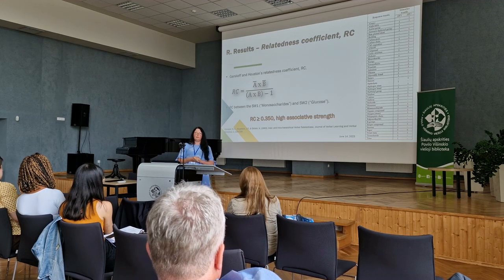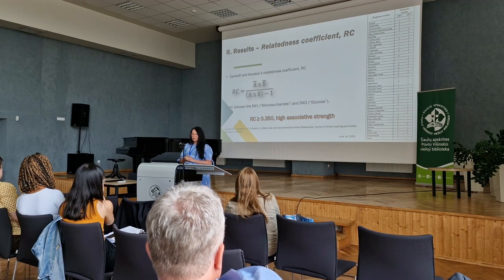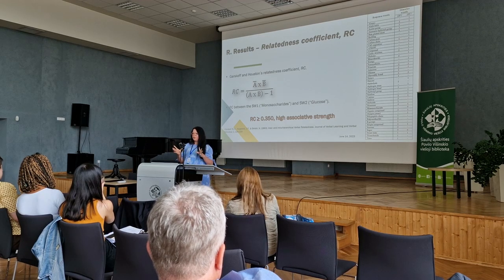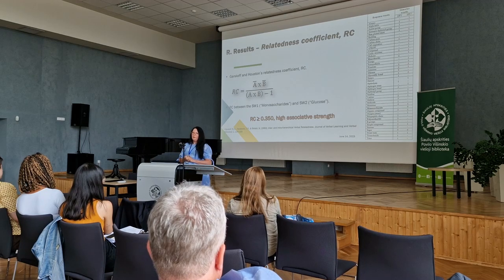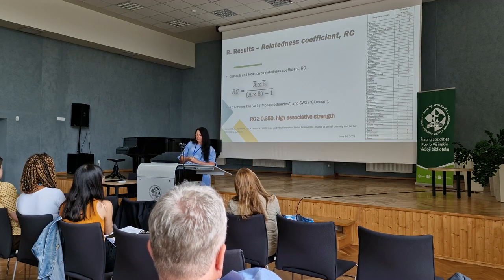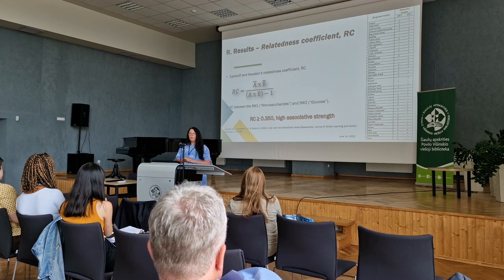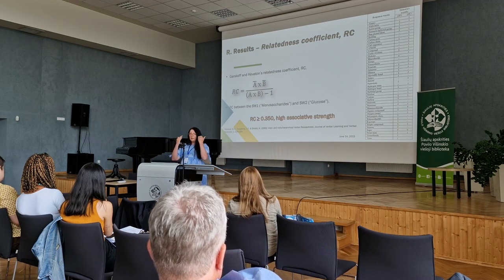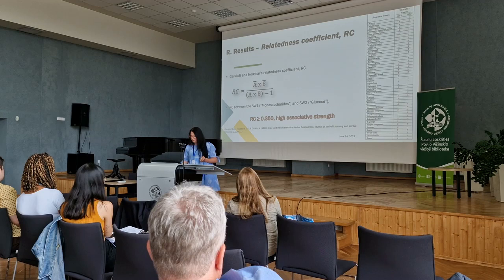For example, when we calculated the relatedness coefficient between the first 2 stimulus words, monosaccharides and glucose, the coefficient was higher than 0.350, and we concluded that there is a really high relatedness between these 2 stimulus words in our students' mental models.